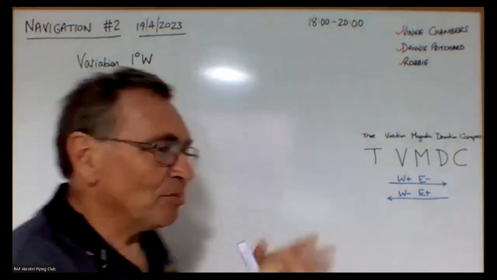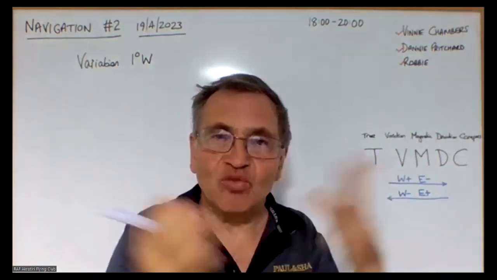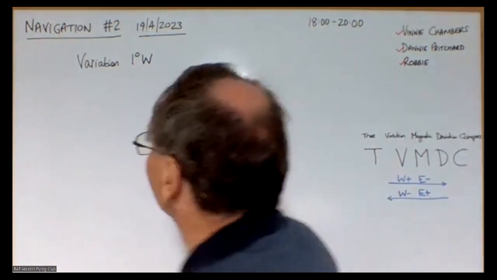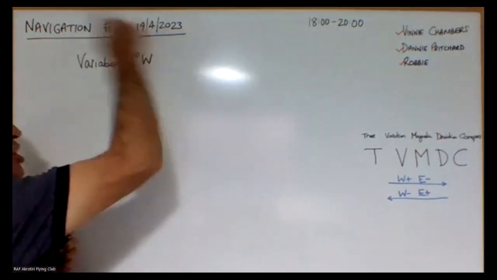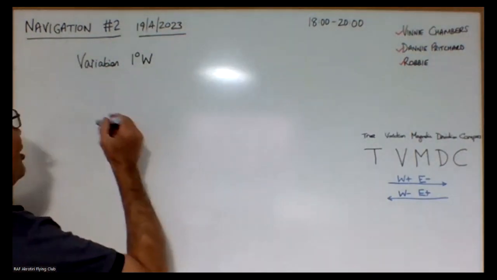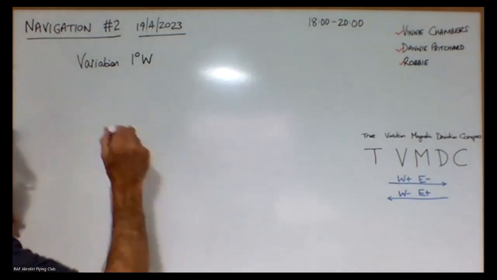So I could probably have my plog and somehow write on it somewhere that it's 1 degree west, because I would get that off the chart, wouldn't I?